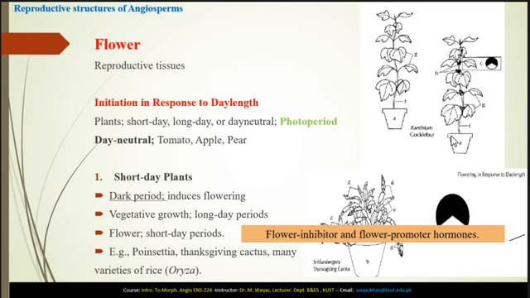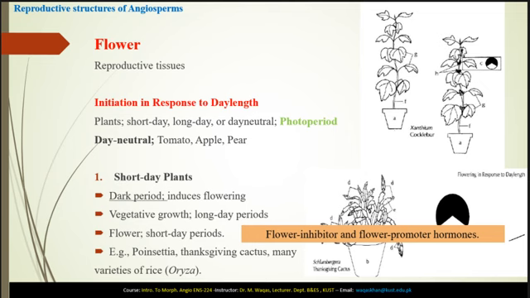Furthermore, by grafting a branch from a cucumber plant that has been given short days onto a cucumber plant given long days, flowering is induced in the system treated with long days, and this is a very interesting fact.